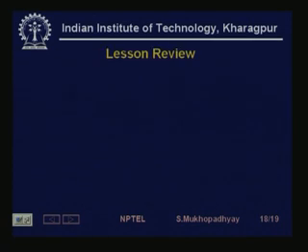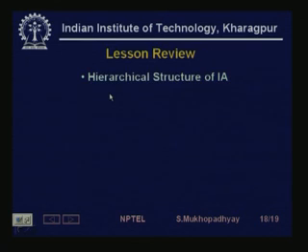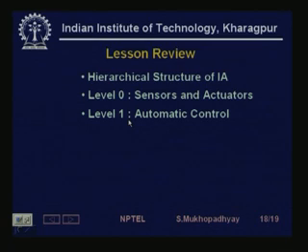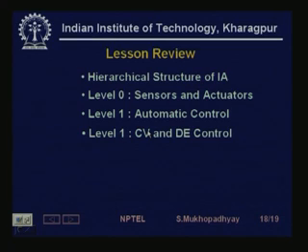So finally we have a lesson review. What we have done in this lecture, we have looked at the hierarchical structure of industrial automation. We have looked at level 0, the sensors and actuators, what they do and what technologies are found in them. We have looked at level 1, automatic control. We have also looked at continuous variable and discrete event control and distinguished them.